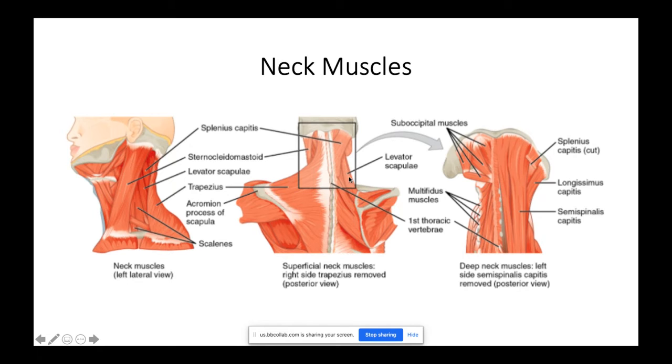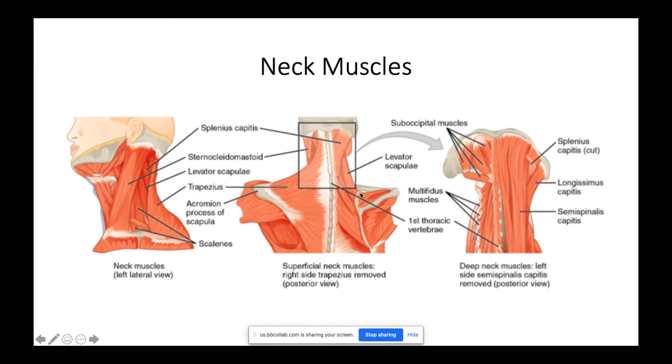Here's a muscle called the levator scapula. And the levator scapula has its origin way up here at C1 to C4. It originates on the top 4 cervical vertebrae and inserts right there on the superior angle of the scapula. And by its name, levator scapula, it sounds like elevator scapula.